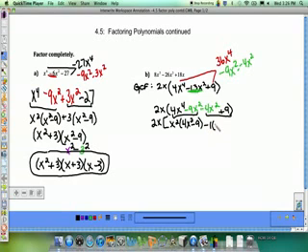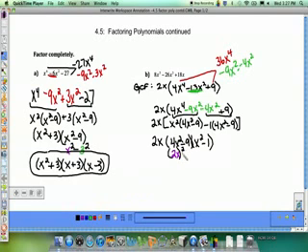That would leave 4x squared minus 9. The second two have just a minus 1 in common. 4x squared minus 9. So I have 2x, then I have 4x squared minus 9 and x squared minus 1.